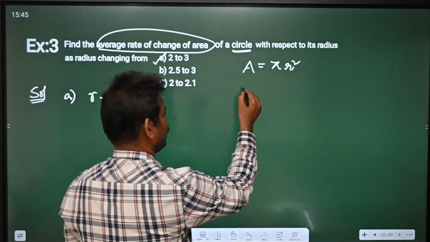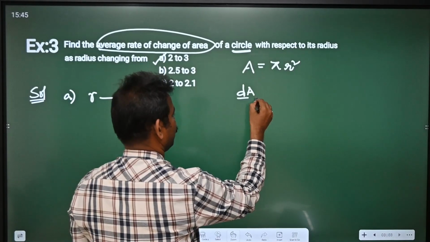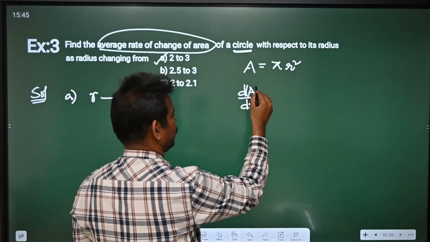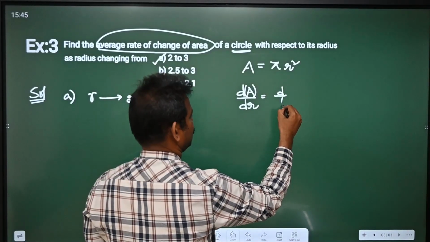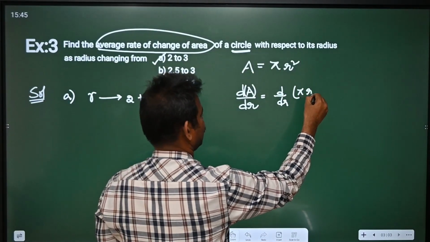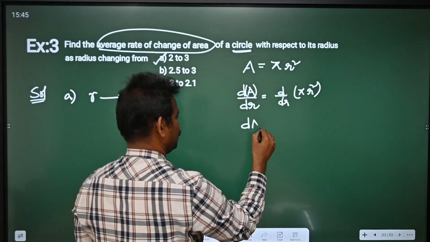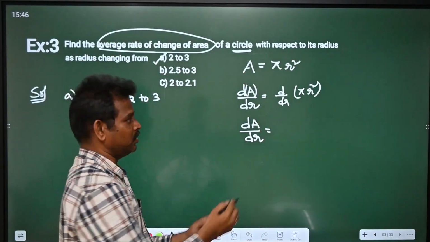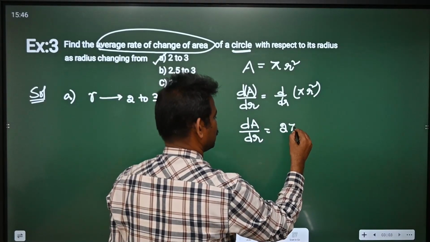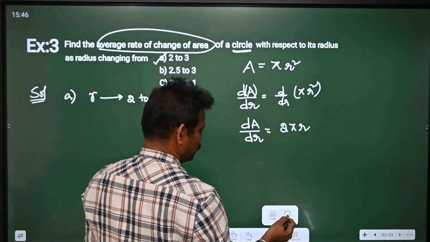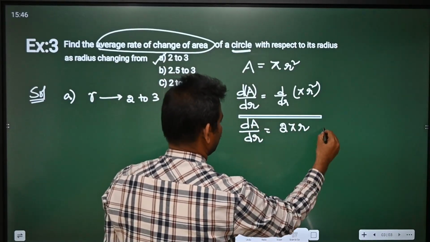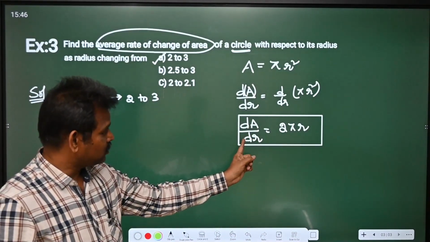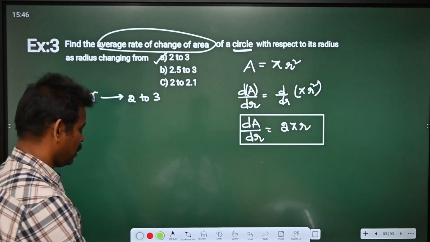We are finding change in area with respect to radius. This is dA by dr of pi r square. So dA by dr is equal, pi is constant, r square gives 2r. So this will become 2 pi r. So this is the formula that we are going to use to solve this problem. So the rate at which area is changing with the radius is 2 pi r.